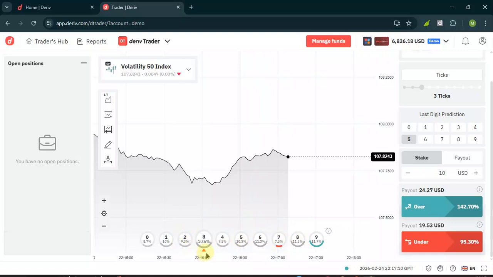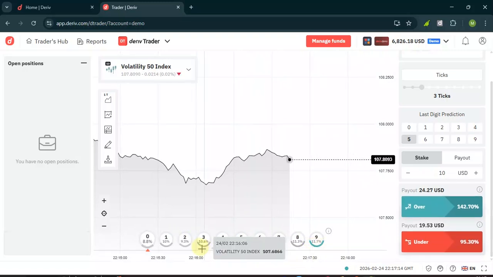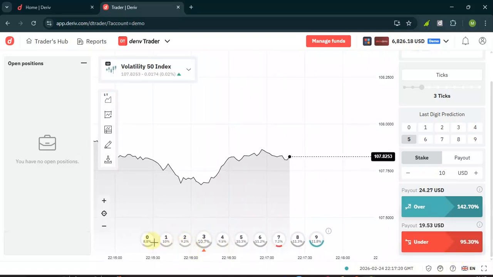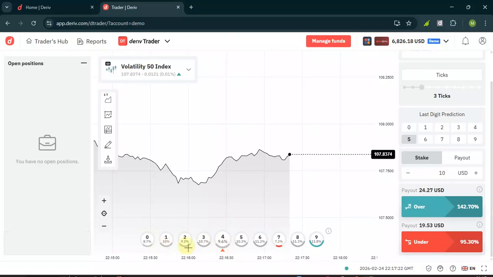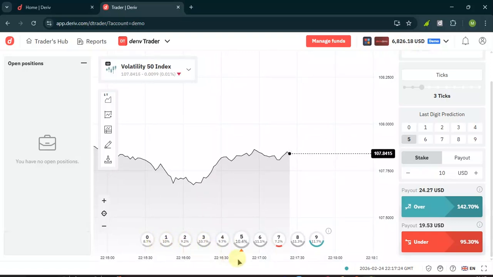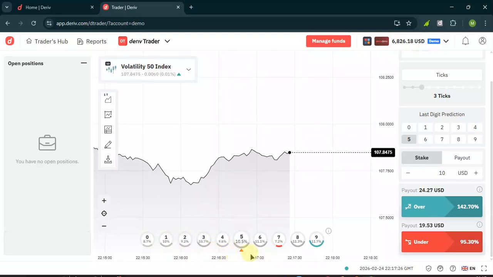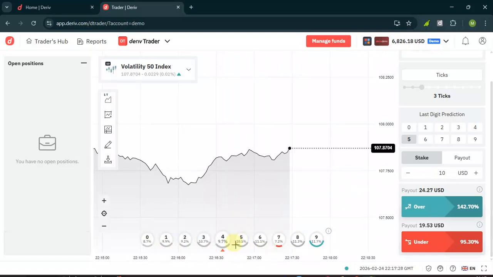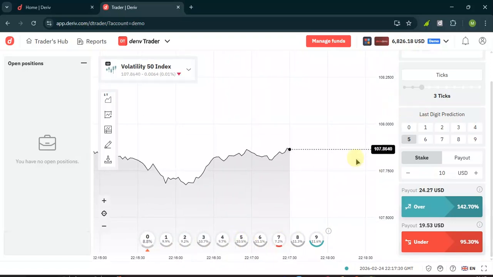After that, I just enter a trade. So in this market, I'll be saying it will be under. As you can see, most of the time it will be touching these numbers that have the lowest percentages. That is why I chose this market. But I might have a risk because of this 5, but it never matters.